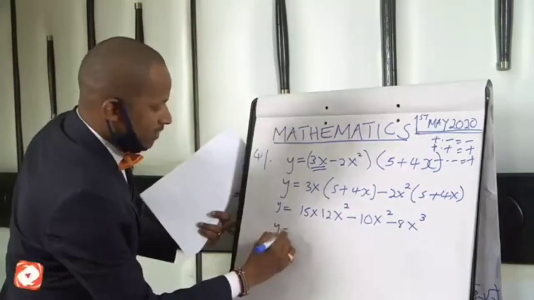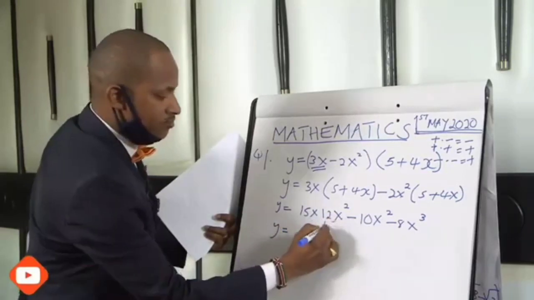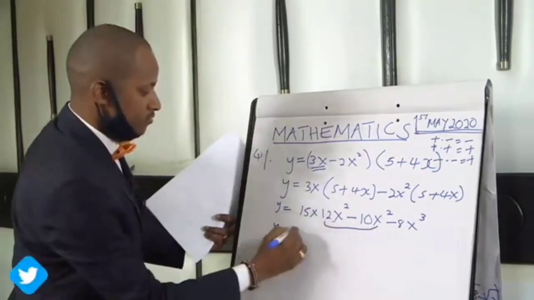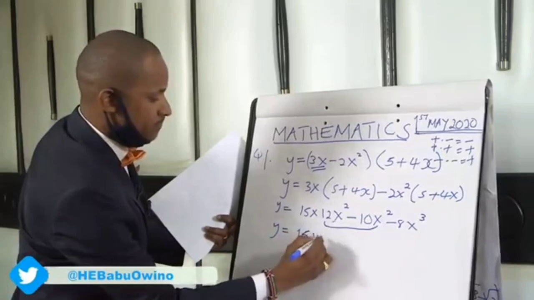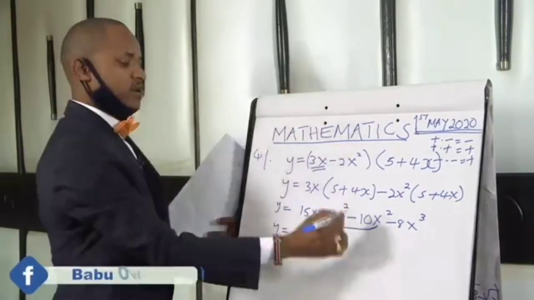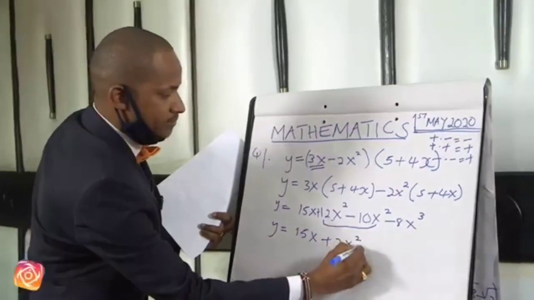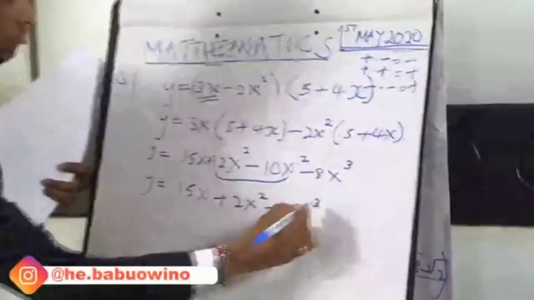Now our y becomes, you simplify further by collecting the like terms. So this one we have 15x plus 12x squared minus 10x squared is 2x squared, minus 8x cubed.